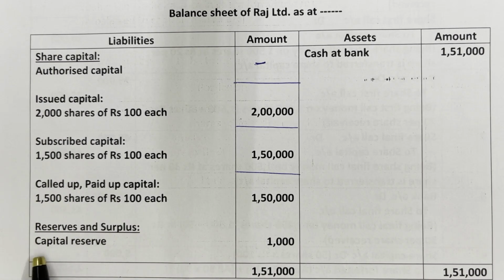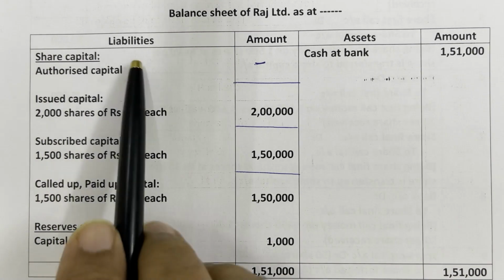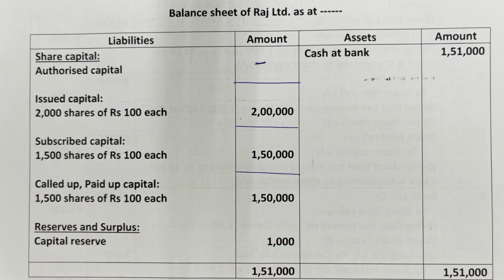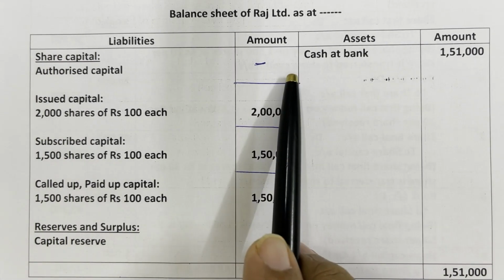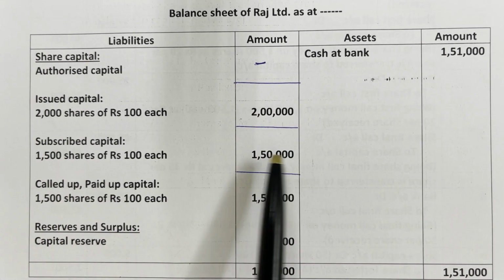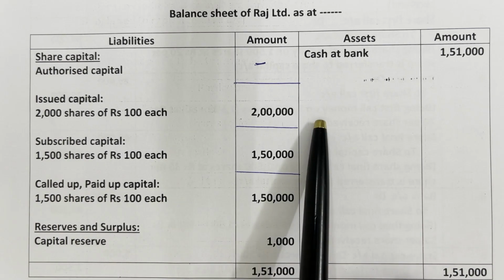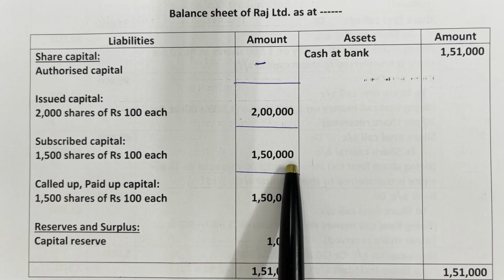Next, in capital reserve account, forfeited account credit balance 1,000 we have transferred now. Now 1,000 capital reserve balance appears in balance sheet under reserves and surplus on liability side. While calculating liabilities total, authorized capital, issued capital, subscribed capital amounts we should not consider. That is why we drew lines for them.